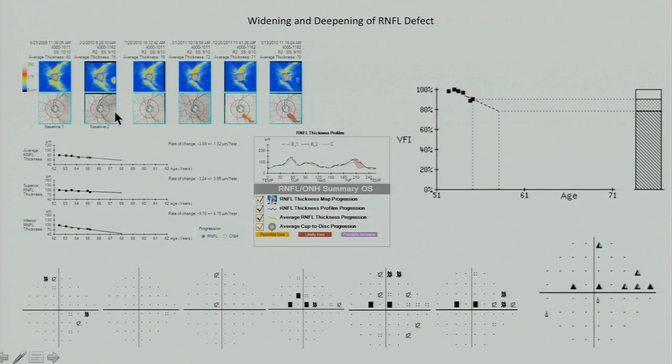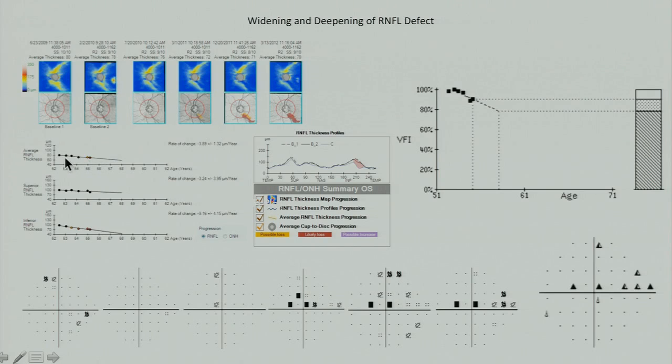If you look at the deviation maps, what you see is the first statistically significant progression occurring here at visit 4, and then that progression increasing and then increasing again on visits 5 and 6.